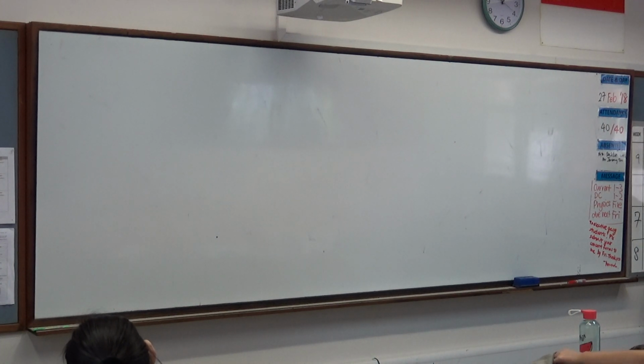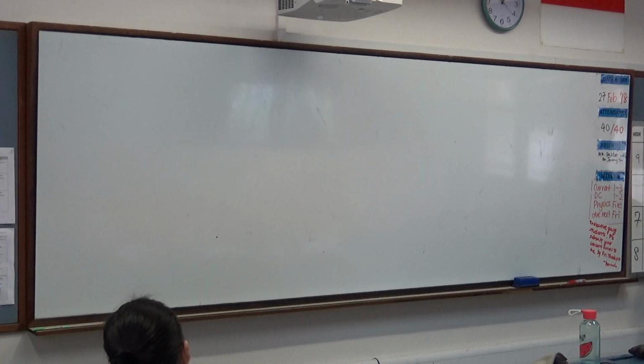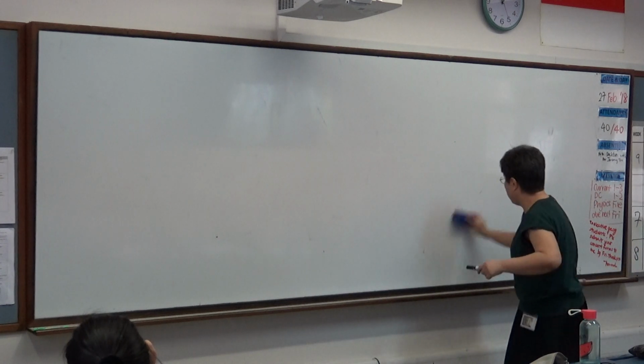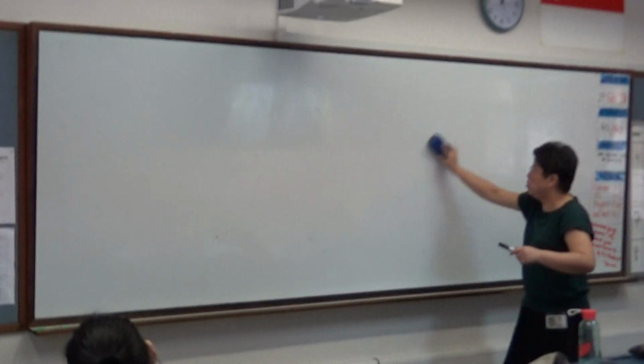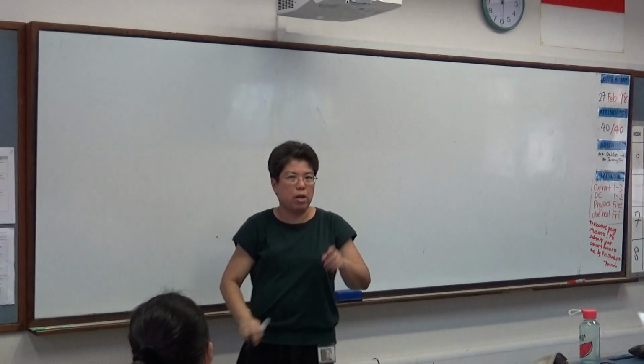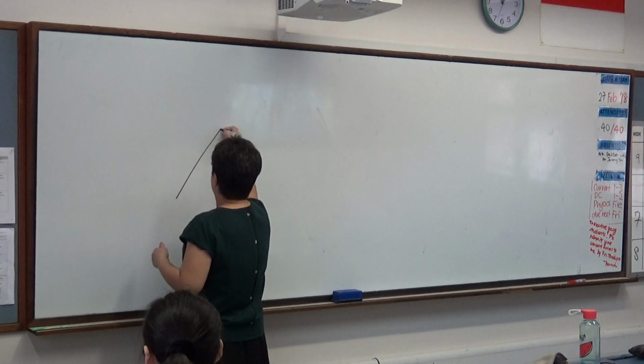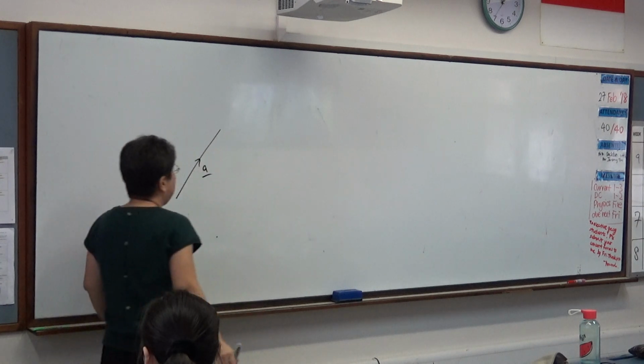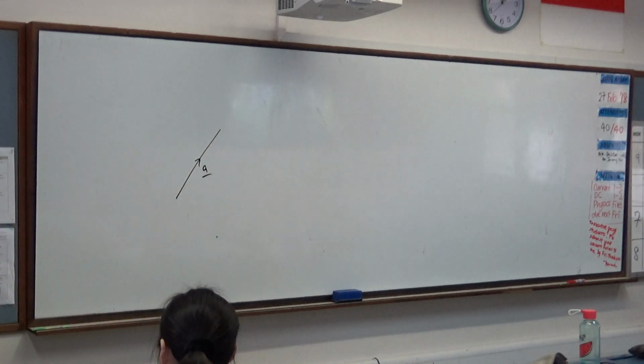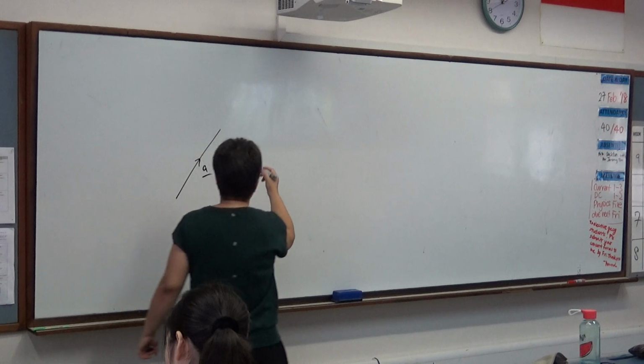Now, let's take a look at what we have here. I'm going to introduce it first, alright? Everybody look at the board. Scalar multiple, okay? If this is A, I think everybody knows already.